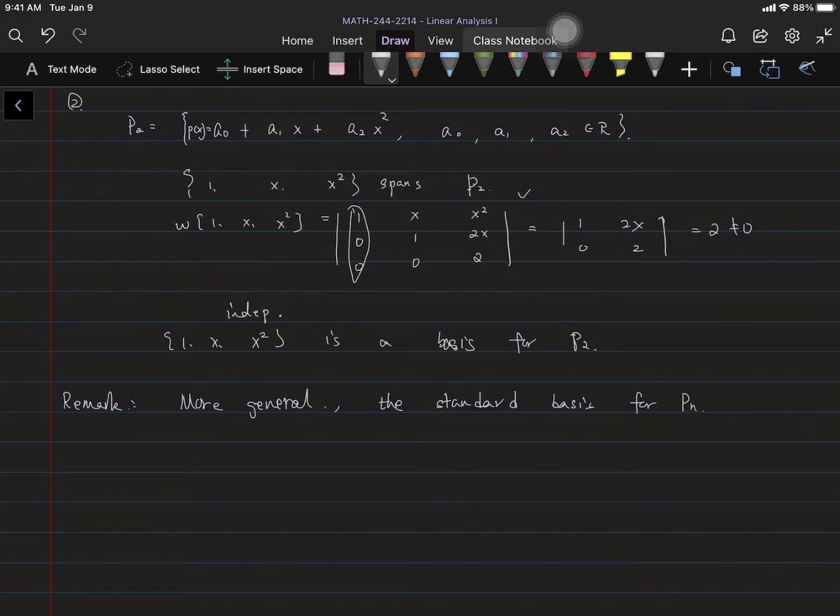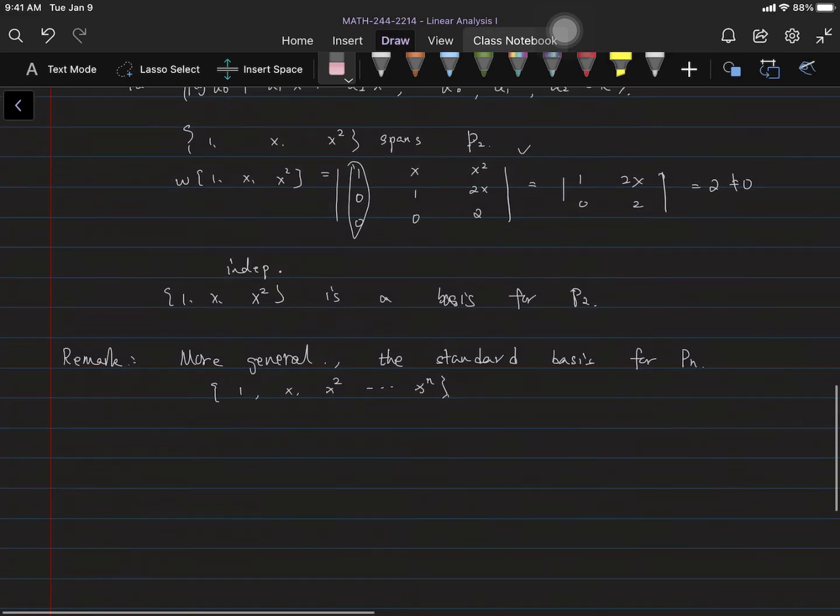Pn means all the polynomials with degree n. So for quadratic it's 1, x, x squared, right? So for Pn it's 1, x, x squared, up to x to the power n. Okay, 1 means a constant because all the polynomials have a constant, and this is the highest power, x^n, and they are independent also.